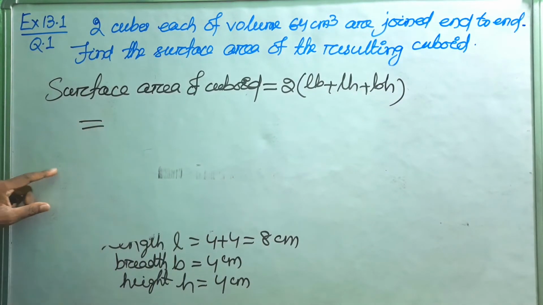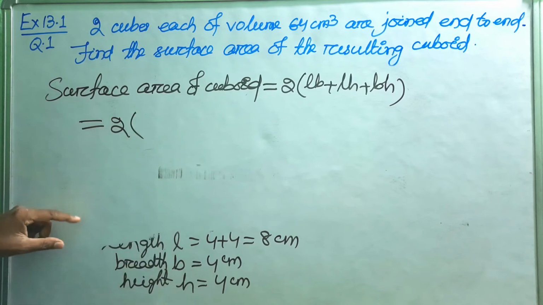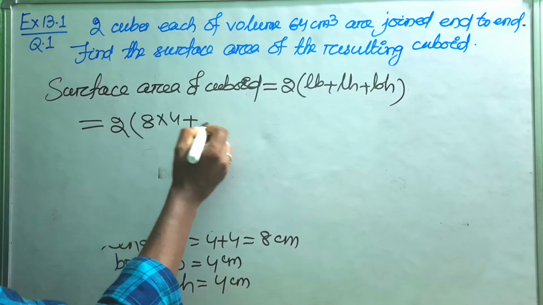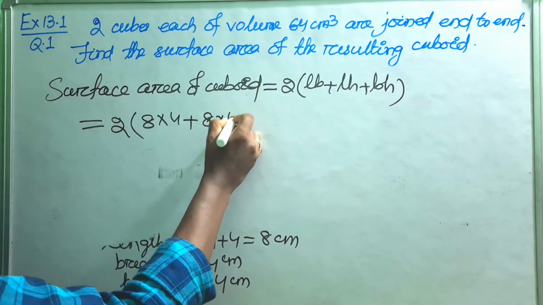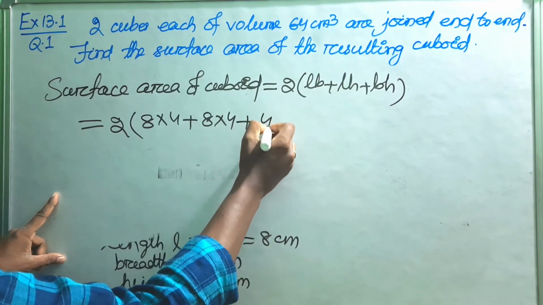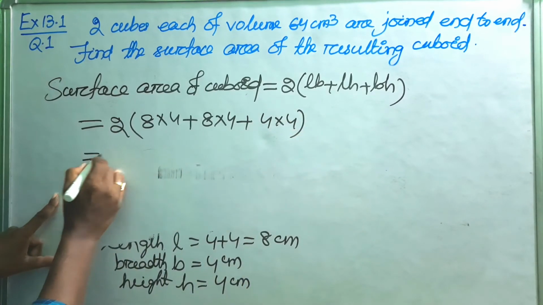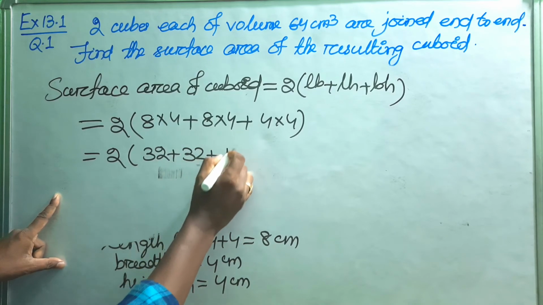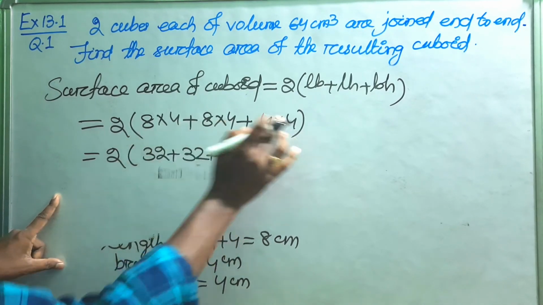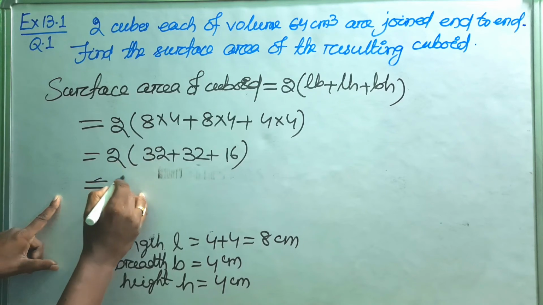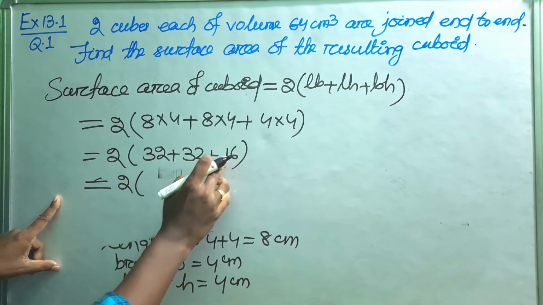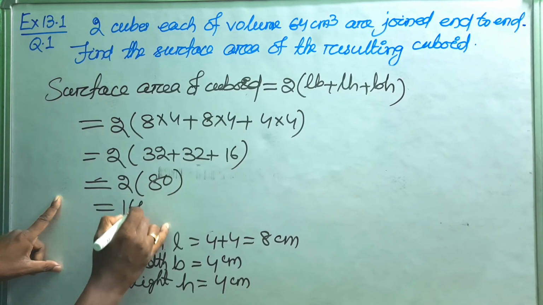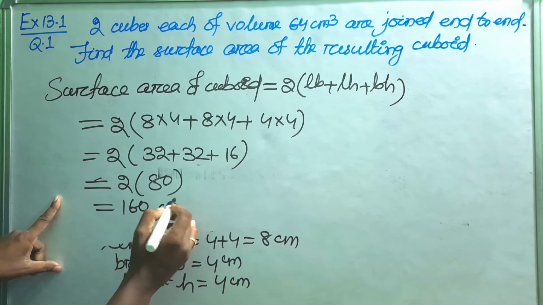Now this will be 2 into (8 into 4 plus 8 into 4 plus 4 into 4), so 2 into (32 plus 32 plus 16). Then 2 into (64 plus 16), that is 80. So 2 into 80 is equal to 160 centimeter square.